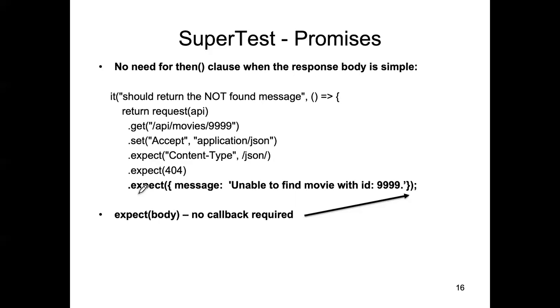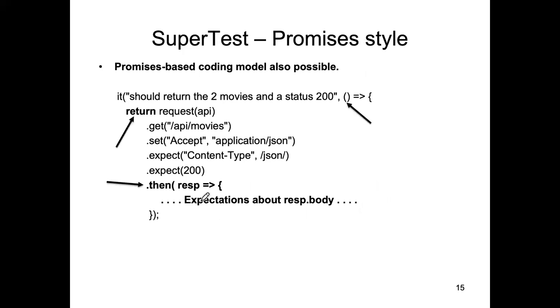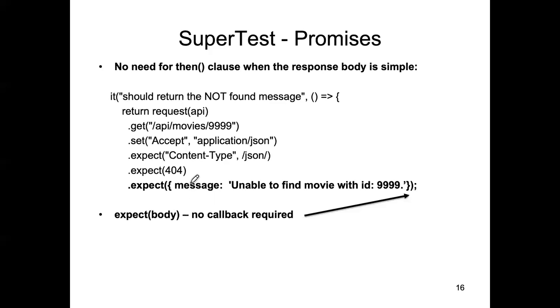But this is only really useful when the body of the response is something very simple, which, if I go back, it wouldn't be in this case, because the body is going to be an array of movies, and presumably you want to make a number of expectation statements about that array. Whereas here the response is a simple object with a key value pair, and we're just checking whether the key value pairs are what I expected them to be.